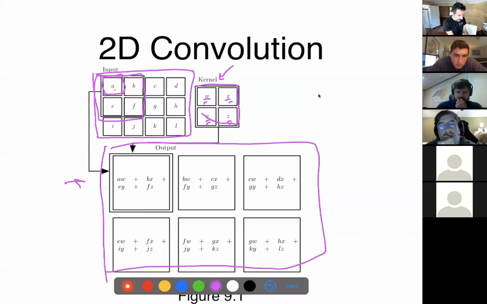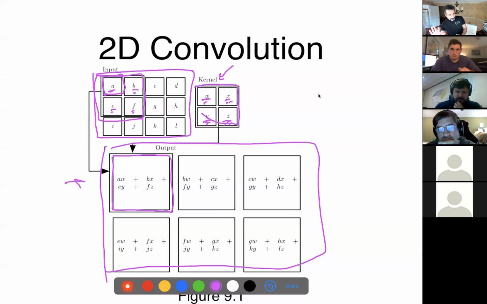Corresponding cells. A multiplied by W, B multiplied by X, plus E multiplied by Y, and F multiplied by Z. Very simple. And sum them together to produce one cell in your output.